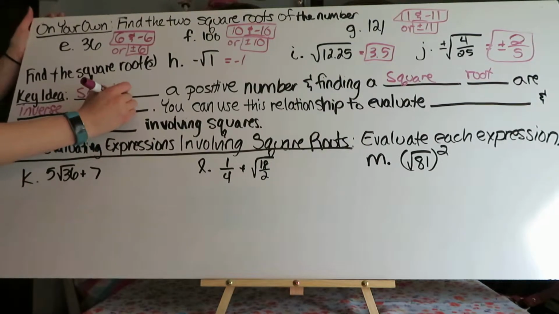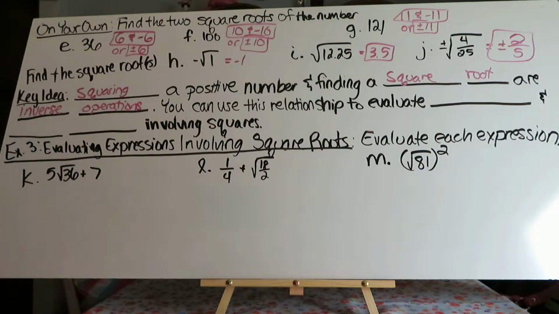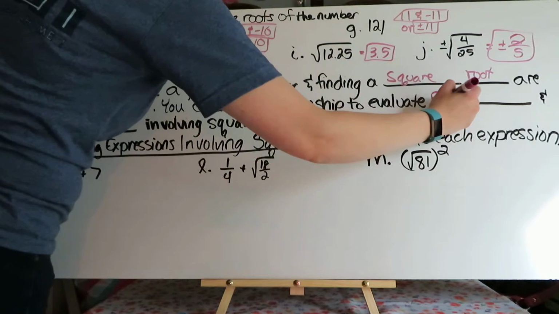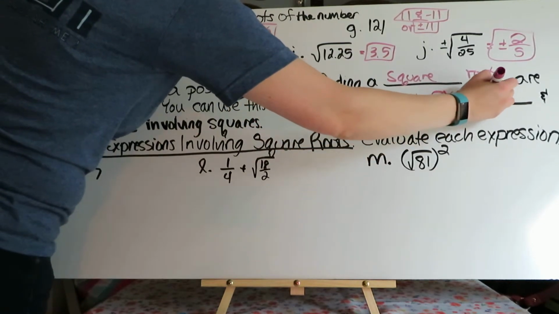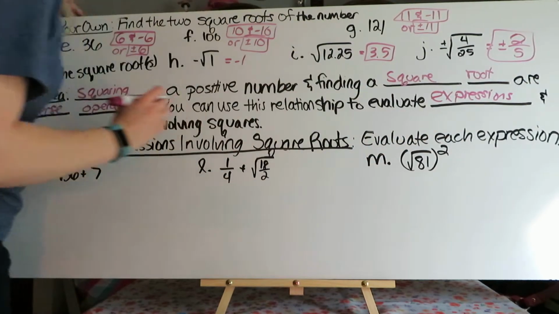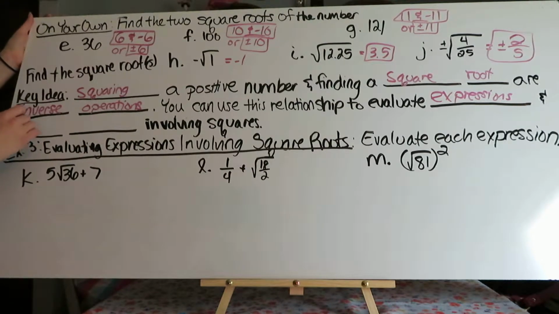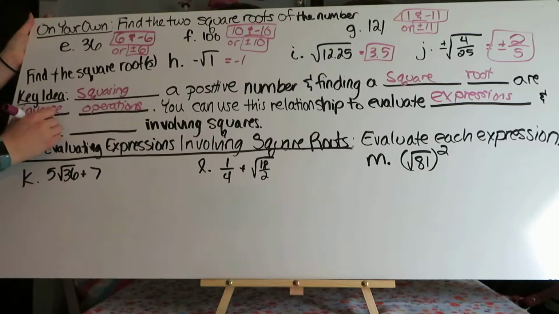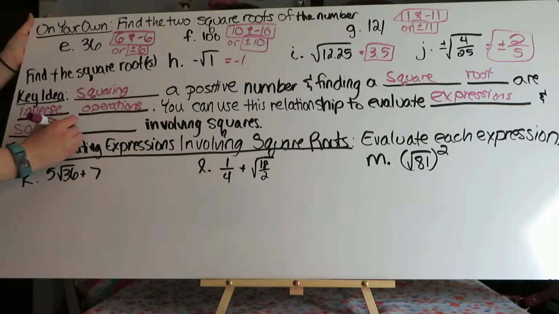So essentially they're opposites of each other. You can use this relationship to evaluate expressions and solve equations that involve squares.